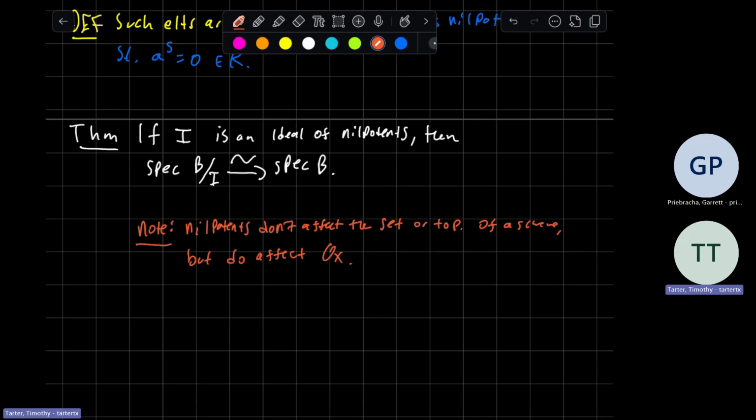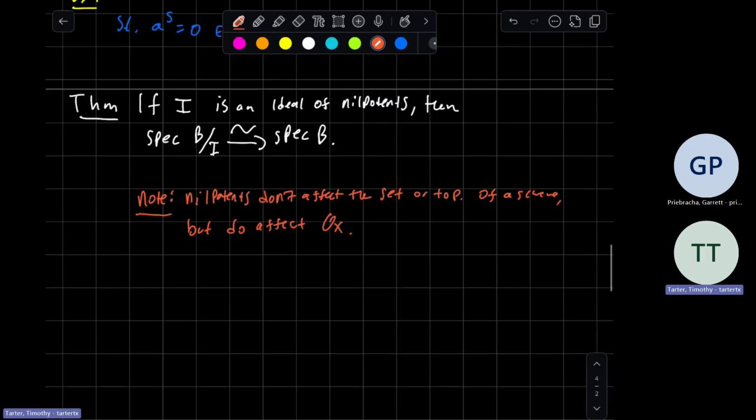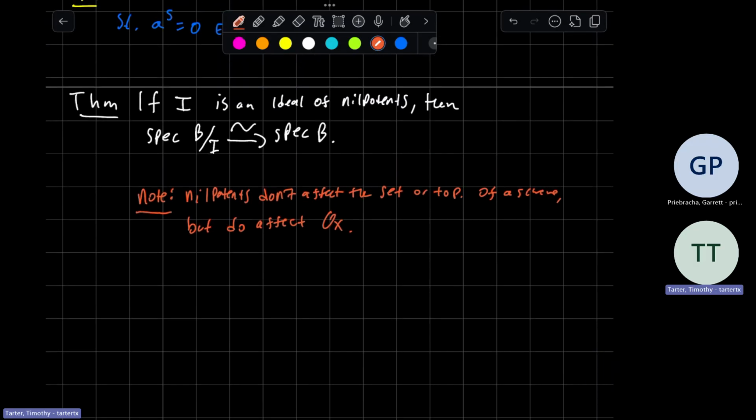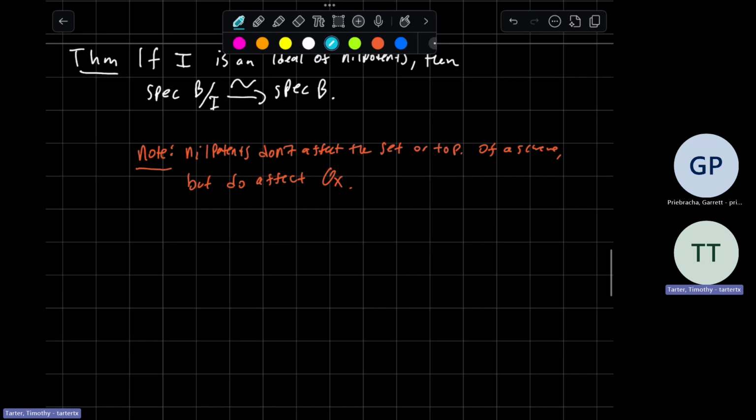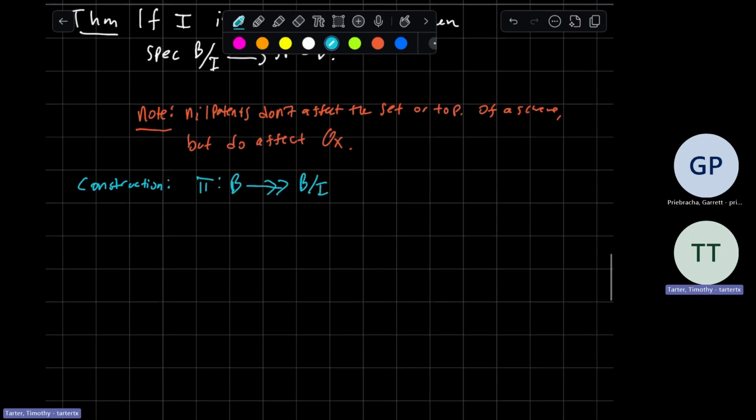So this is accomplished if pi is a map like so.